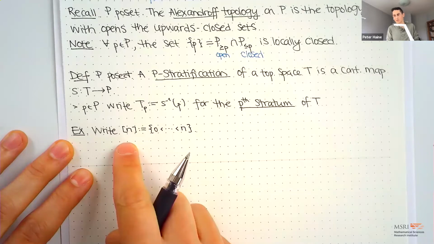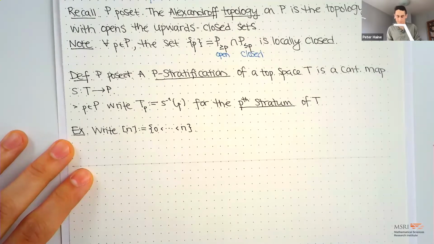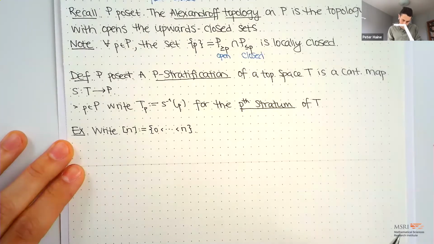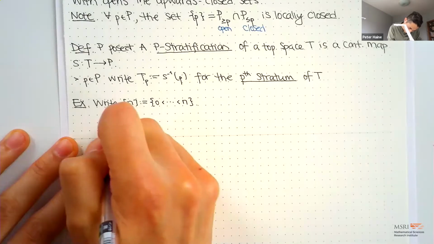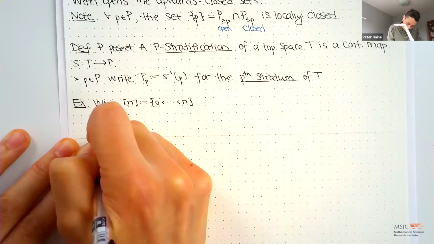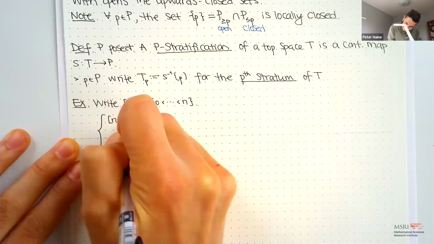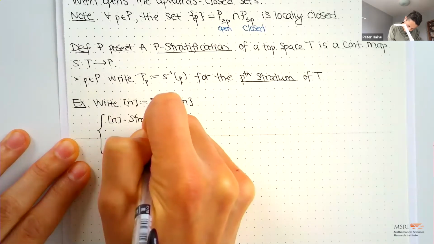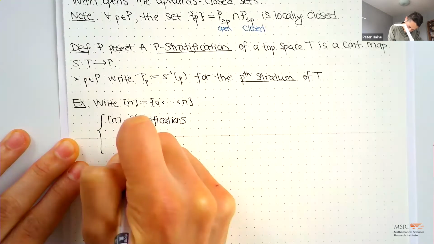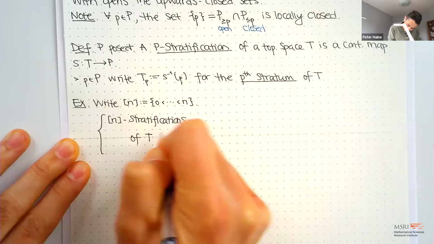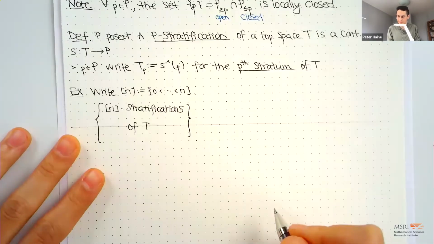So maps down to it classify open subspaces or equivalently closed subspaces. So in this setting, if you have a stratification by this [n] of some topological space T, there is a generalization of this remark in the case that n is 1.